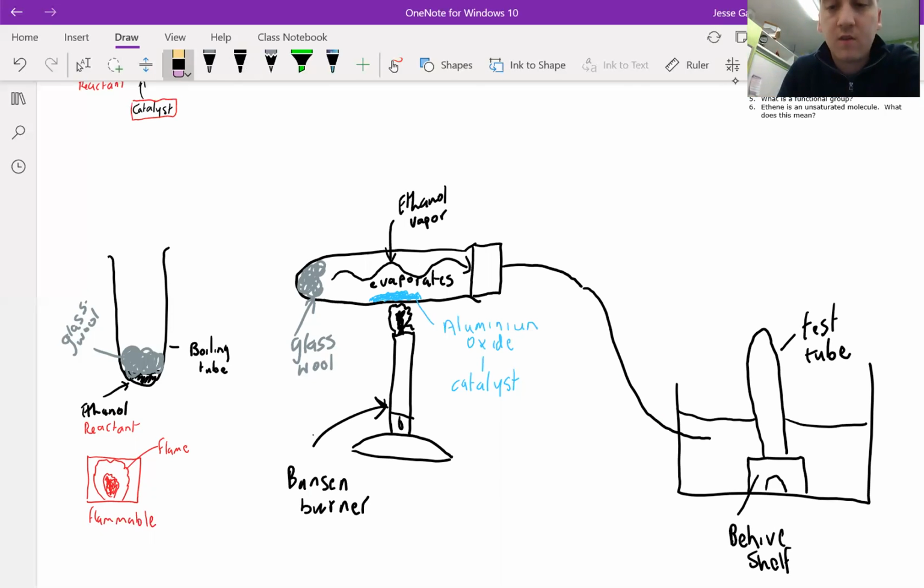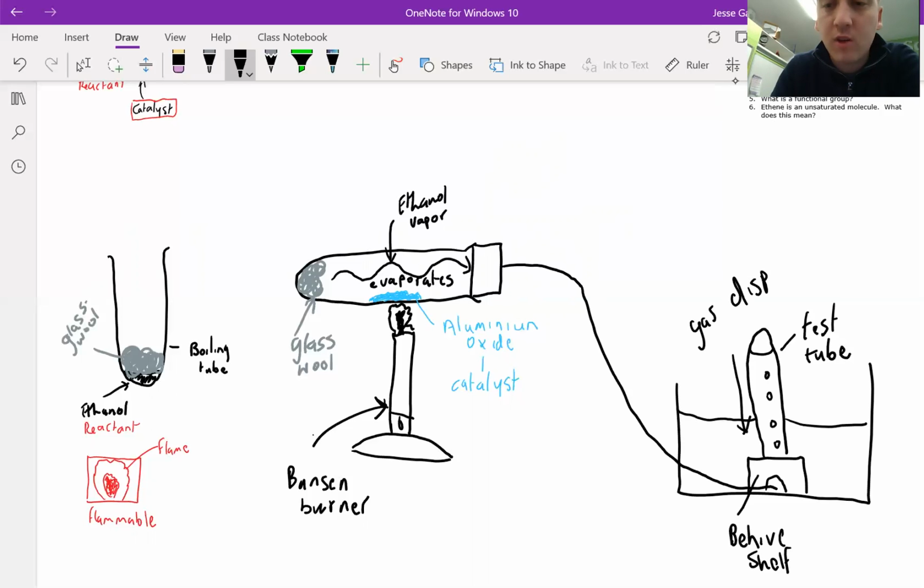Well, it is full of water so that when the gas comes down, it will bubble up and collect at the top of the test tube, and it pushes the water out of the test tube. So the gas, we say it displaces water, which basically means it pushes the water out of the test tube. Gas displaces the water.